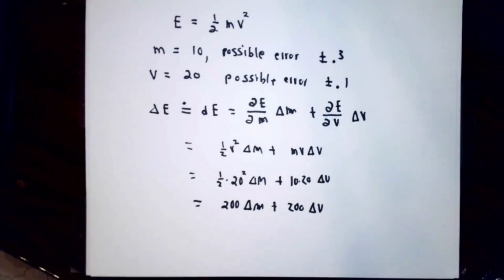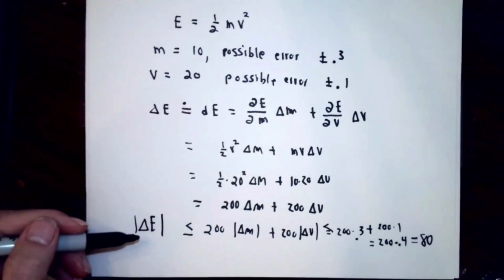I'm going to add those two things together, and this is going to give me an estimate of how much the energy could change. I don't know if delta m is positive or negative, likewise for delta v. If I want to prepare for the worst case scenario, I'll think about what happens if they both have the same sign.